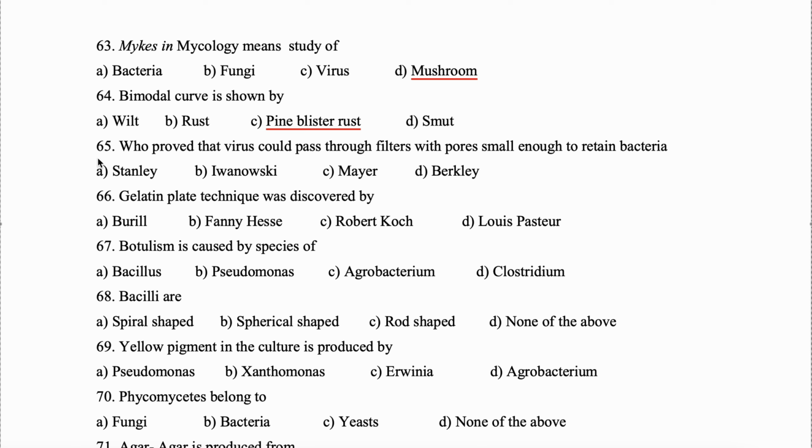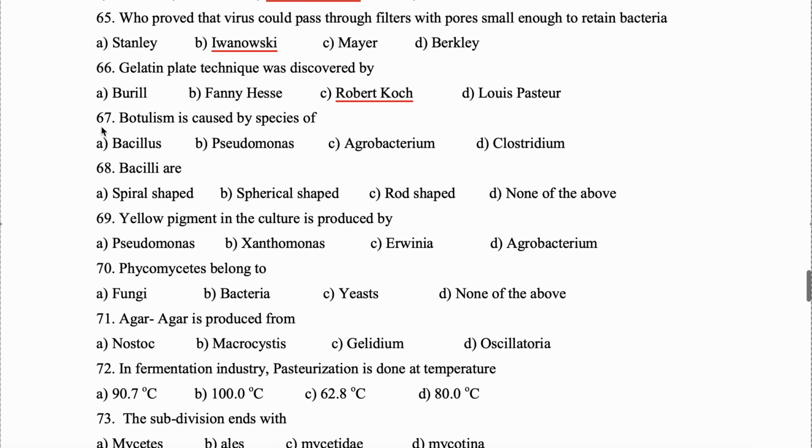65. Who proved that virus could pass through filters with pores small enough to retain bacteria? It was Ivanovsky. 66. Gelatin plate technique was discovered by Robert Koch. Question 67. Botulism is caused by species of Clostridium. 68.